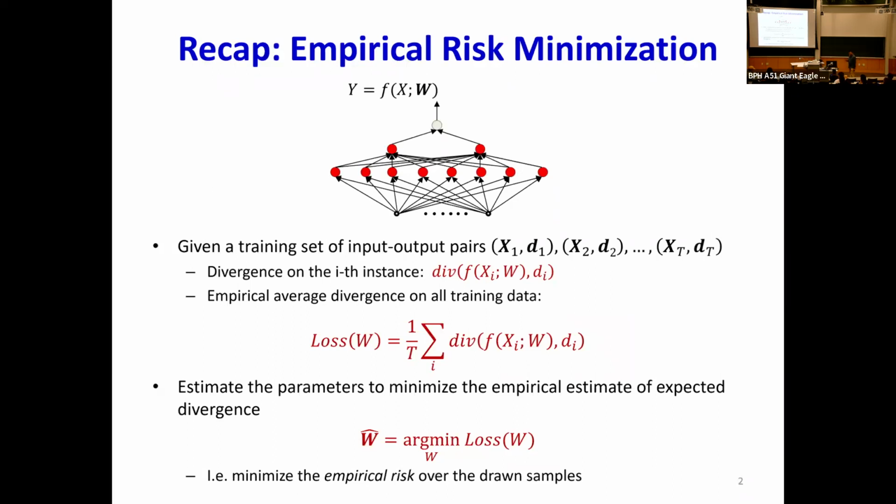And then what was the term that we actually wanted to minimize in order to train the network? Anybody remember? What was it? How did we define it? Anybody? Just the divergence?